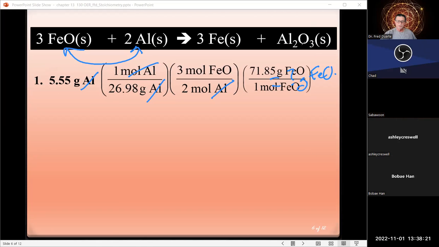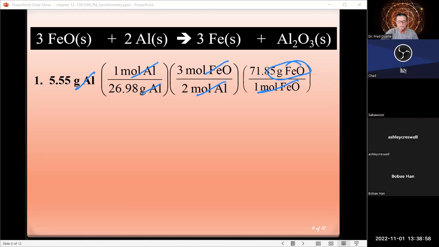Let me clear my mess up right here. Now, keeping track of my units, grams of aluminum cancel, moles of aluminum cancel, moles of iron 2 oxide cancel, leaving me with units of grams of iron 2 oxide, which is what the question asks. So now it's a matter of plugging in the numbers in your calculator and keeping track of your sig figs. You have 3 sig figs, 5.55, which is a measurement.